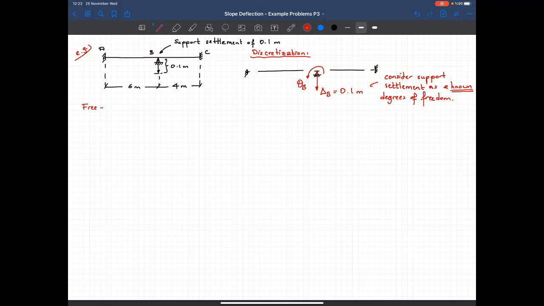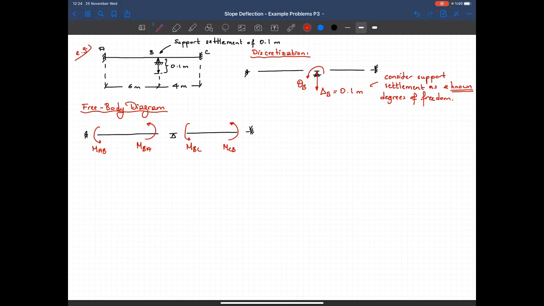Let's again draw the free body diagram. I don't have any loading, but there's a movement in the support, and because of this movement we will see some moments. I have a MAB here, MBA here, MBC here, and MCB here.